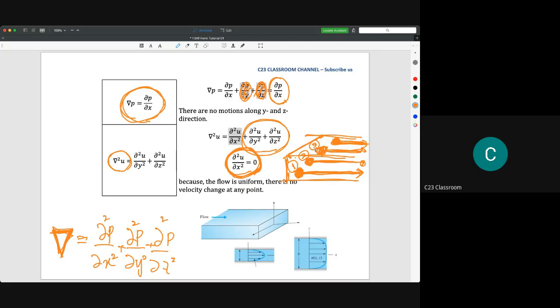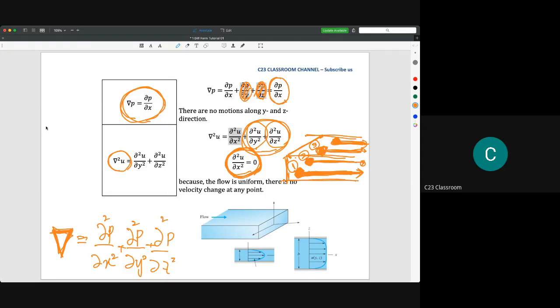We found that the velocity for 1, 2, and 3 is not the same. If the velocity is not the same, it means there is a gradient of velocity u, the mean velocity in the x direction, and it differs along the y axis. So that's why du dy and du dz cannot equal 0.